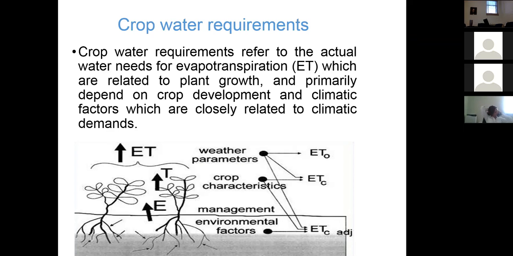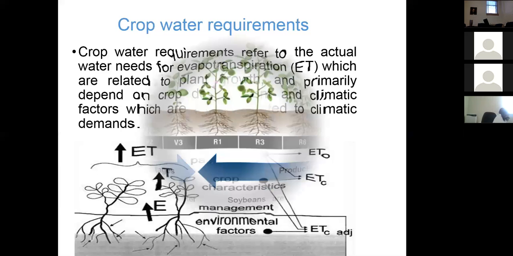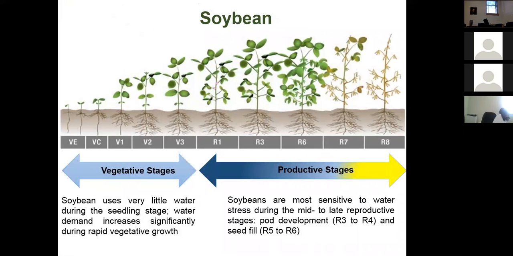Also, the growth stage has an impact on the water requirement of the crops. Soybeans use very little water during the seedling stage, and it increases during the productive stage.